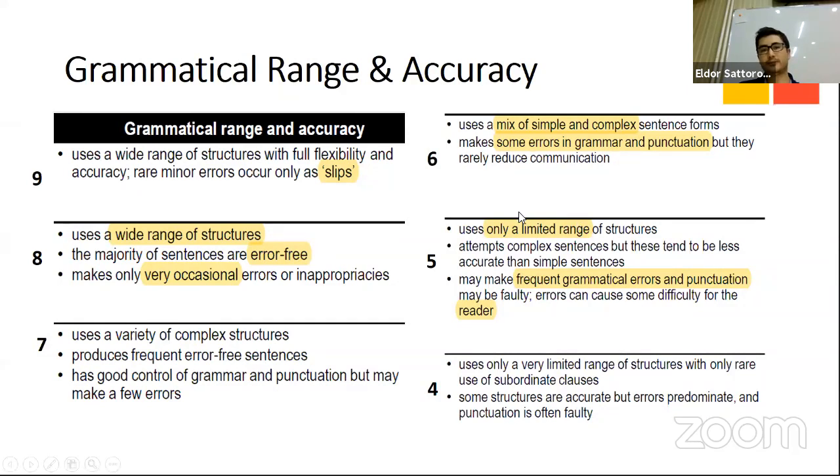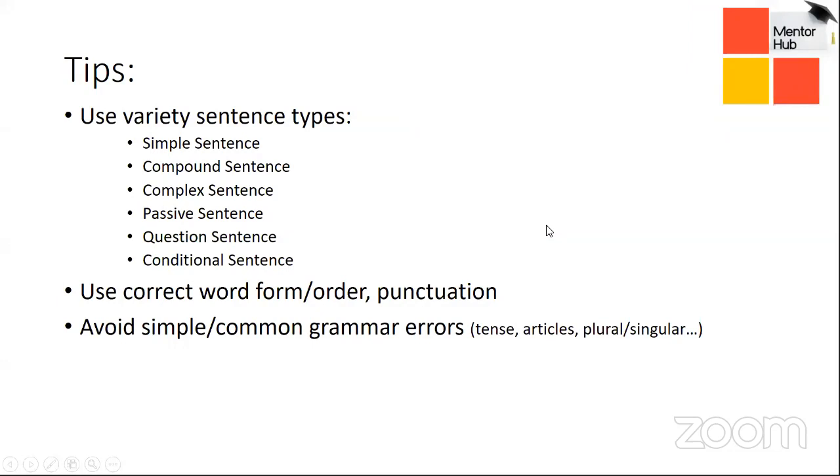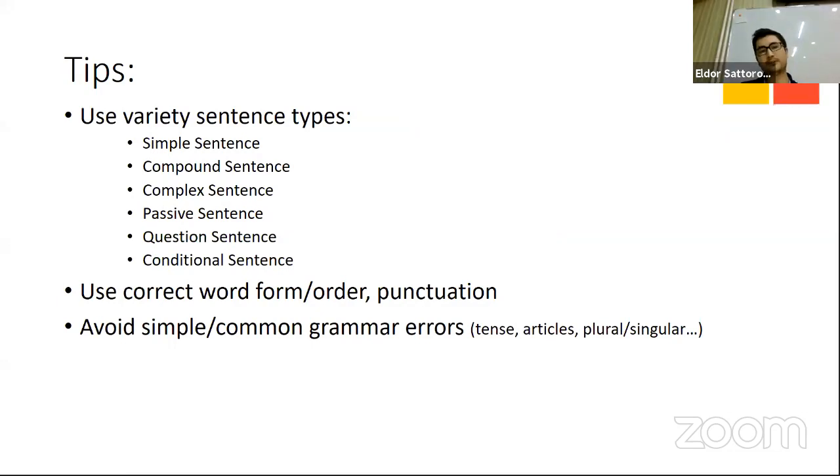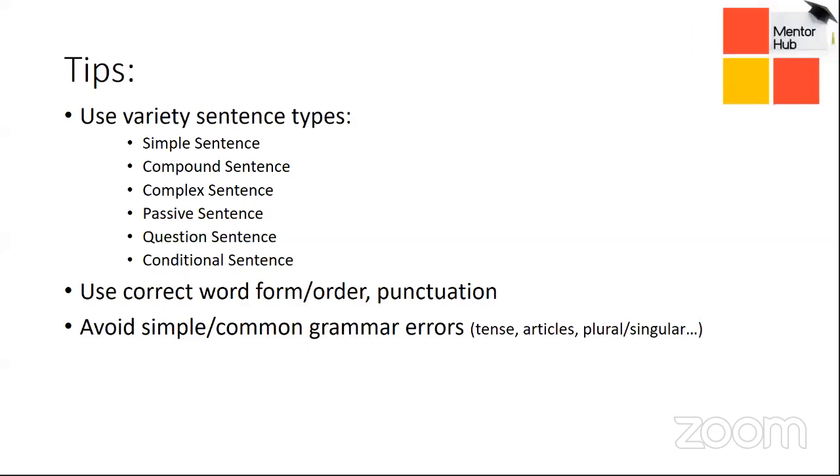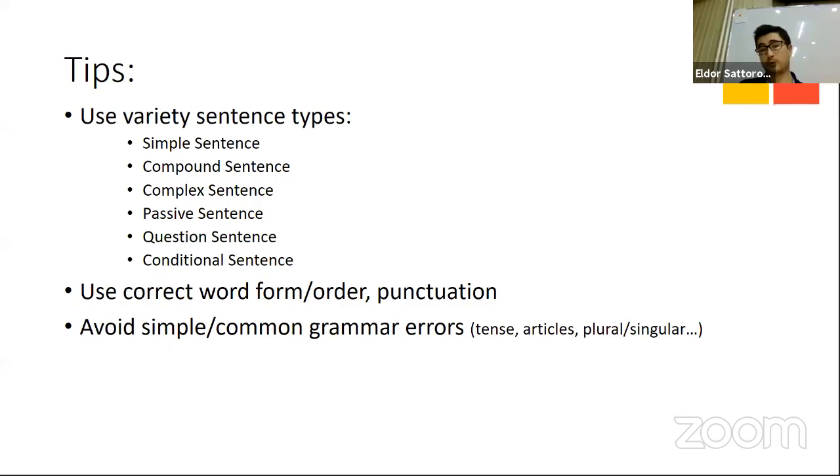Okay, let's have a look at some of the tips. Use a variety of sentence types. So you have complex sentences, passive voice, conditionals, clauses, and many more. You've probably learned grammar in your general English lessons, and gone through most of them. So make sure that you try to use them in your writing, and use correct word form and word order as well, and again punctuation.